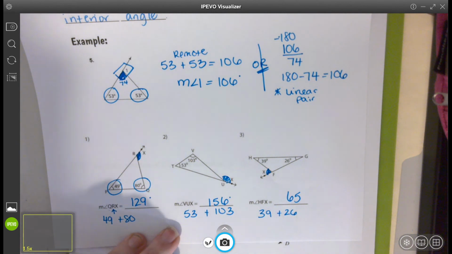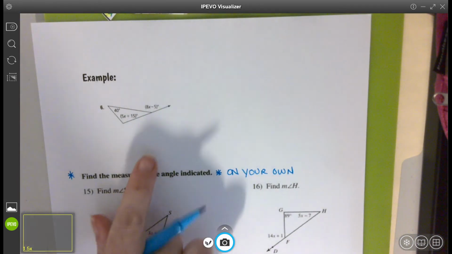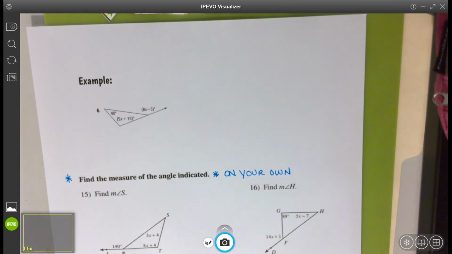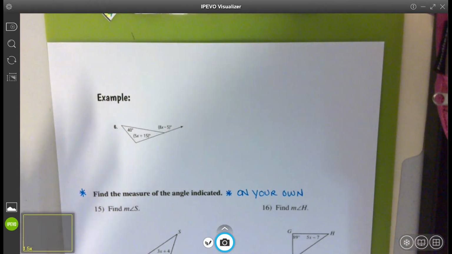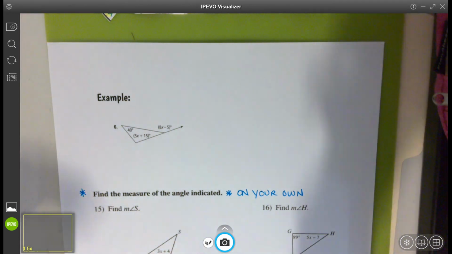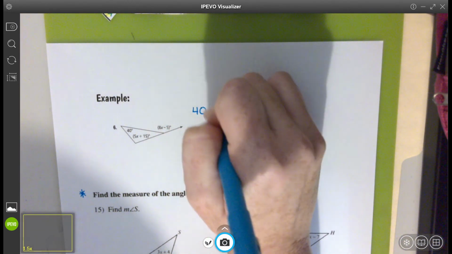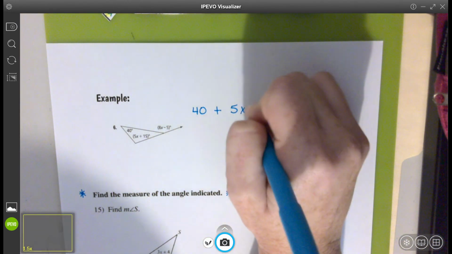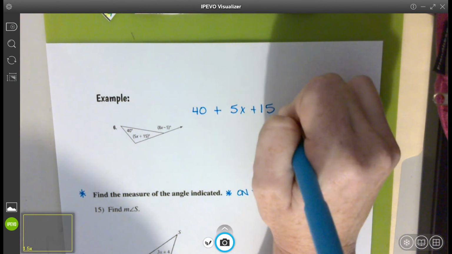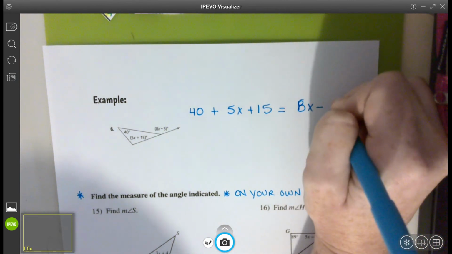All right, and we're going to continue on a little more with this. So I just wanted to show a little bit with algebra involved. So here we are going to create an equation. As you remember, we said the two interior is equal to the exterior. So to create an equation for this, we could say 40 plus 5x plus 15 is equal to 8x minus 5.